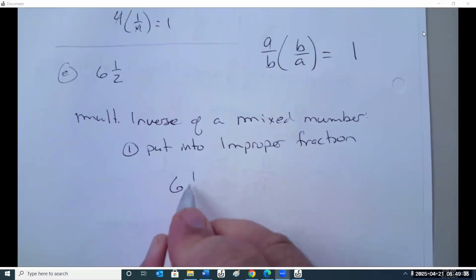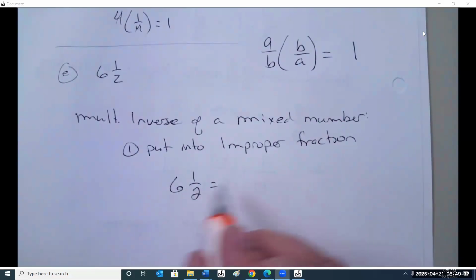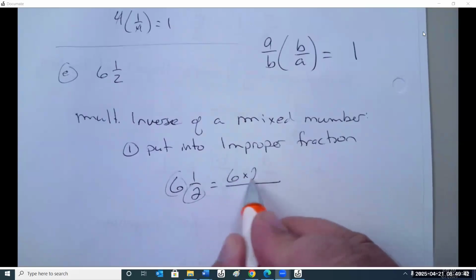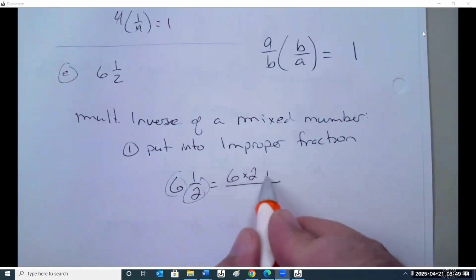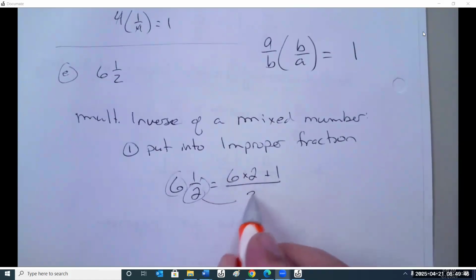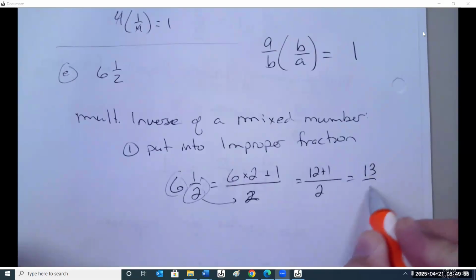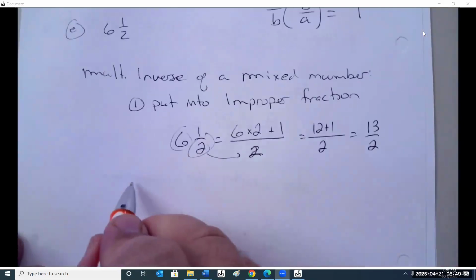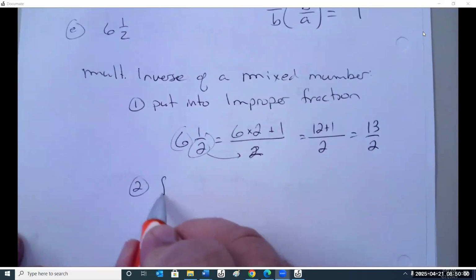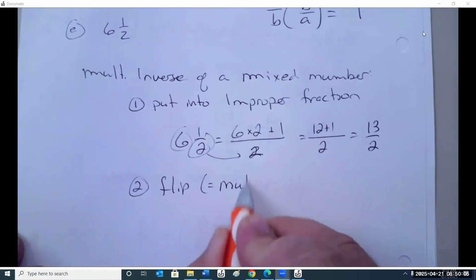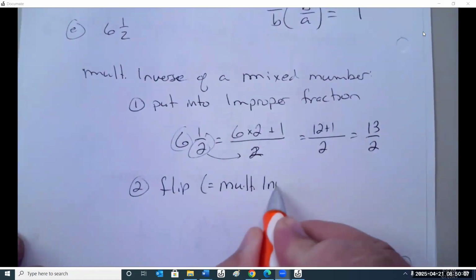So we have 6 times 2 and add the top number, all over the bottom. 12 plus 1 over 2. And flip. That equals the multiplicative inverse.